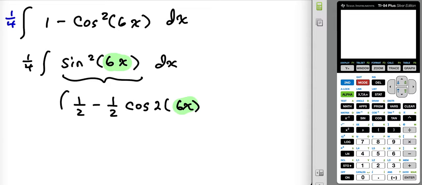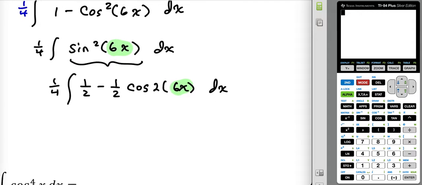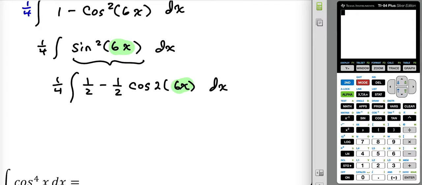We haven't gotten to the point where we have integrated yet, so I'm leaving the integral, the dx, and the 1/4. I can actually distribute the 1/4 because I don't think it's going to make things more complicated, so that's what I'll do. And I'm also going to multiply the 2 by the 6x and get 12x.